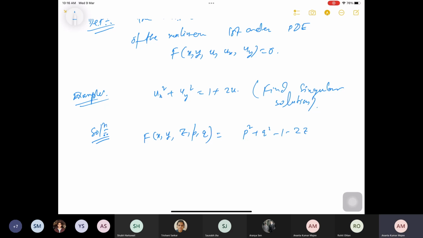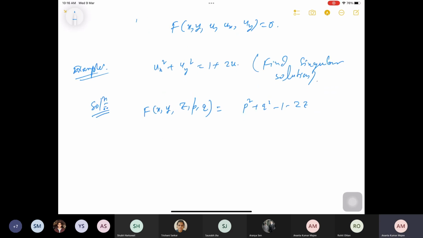So from here, what is the characteristic equation? I can have dx/dt, which is f_p, no? F_p means partial derivative with respect to p, that should be your 2p. So what is your dy/dt?